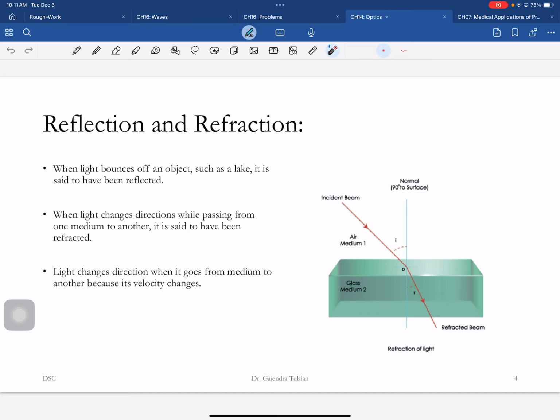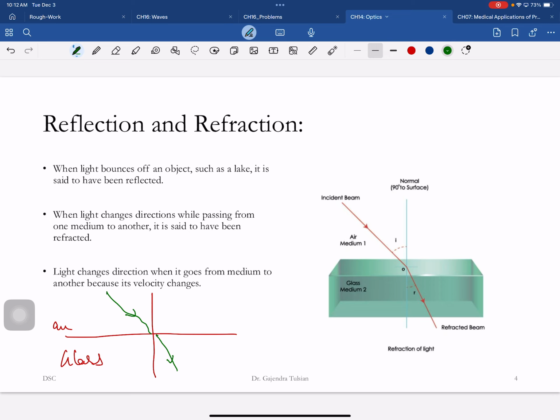So for instance, we can do this with air and glass. So there's the normal, and a beam of light. In air, it's traveling faster. In glass, it travels slower, so it'll bend towards the normal.